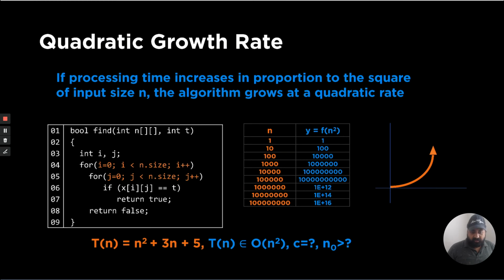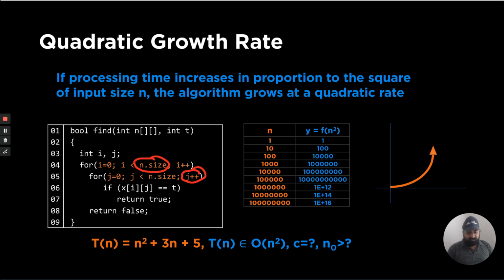The next one is quadratic, which is seen in two for loops a lot. But even if there are two for loops, there's no guarantee that it is n squared. If these bounds are something else, and the loops are growing differently, you need to make sure of that.